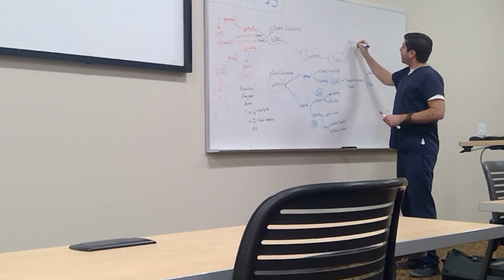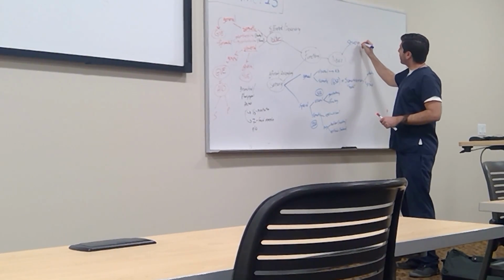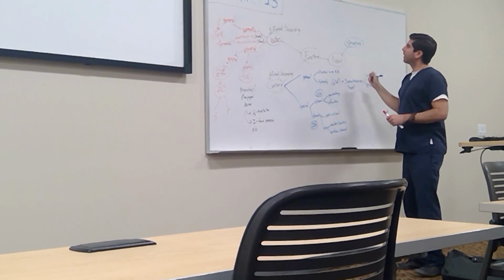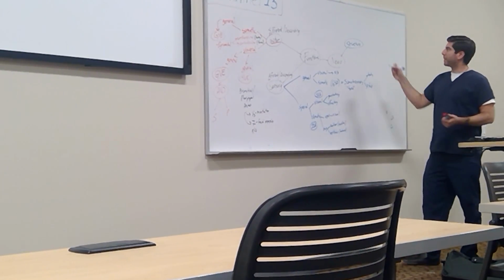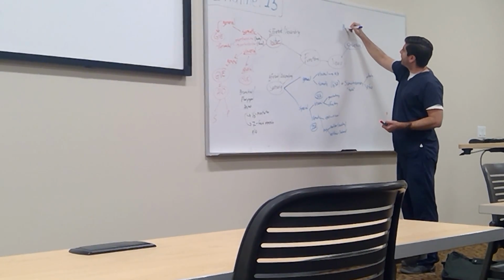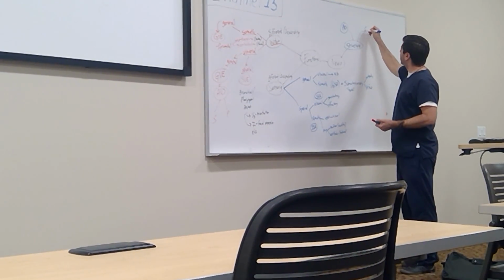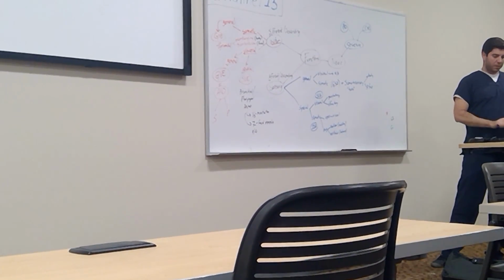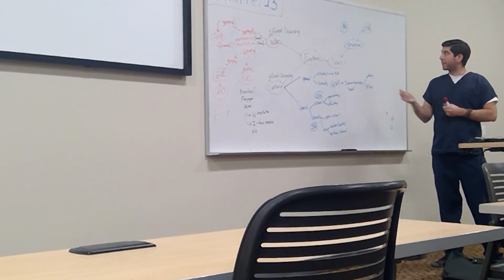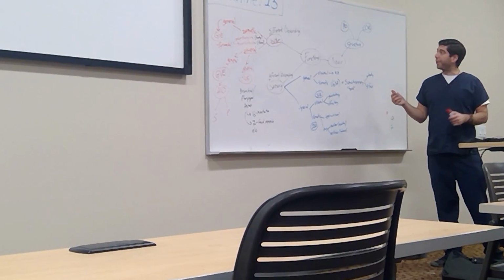So for structure, what are the two parts of the nervous system? CNS and PNS. Based on names, you'll often know which one you're in.